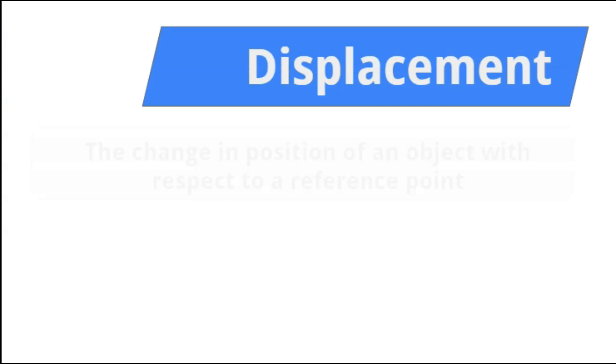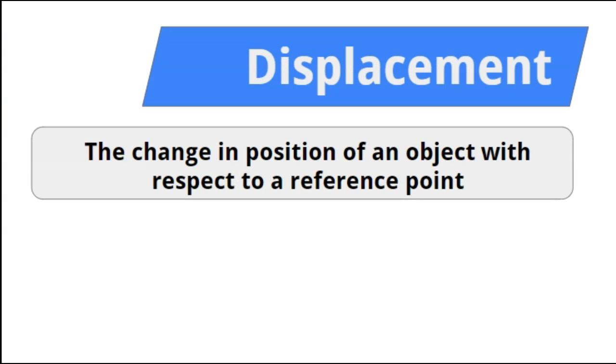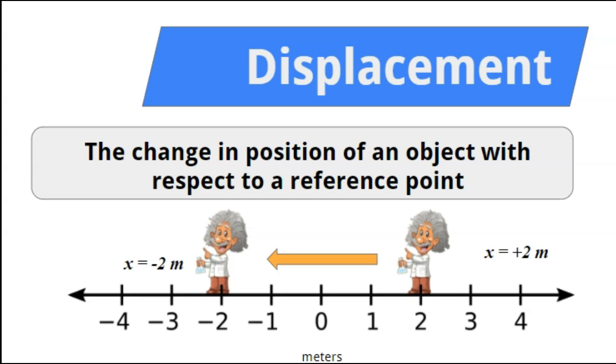Displacement. This is the change in position of an object with respect to a reference point. So when Einstein moves from the positive 2 position to the negative 2 position, the displacement was negative 4 meters.